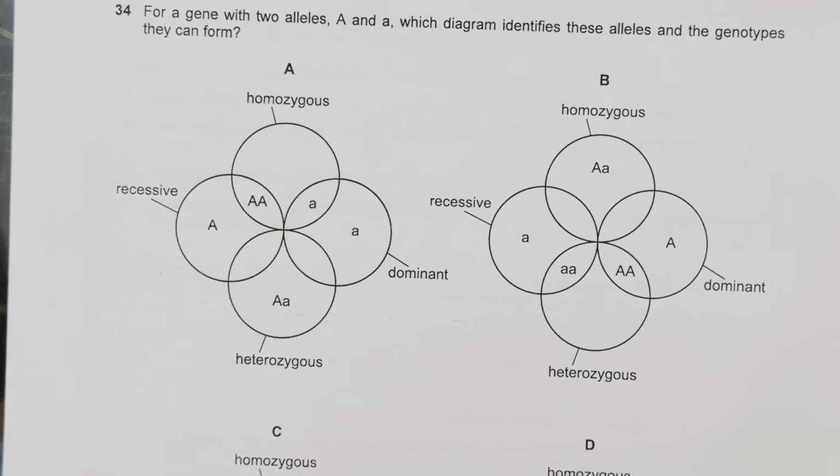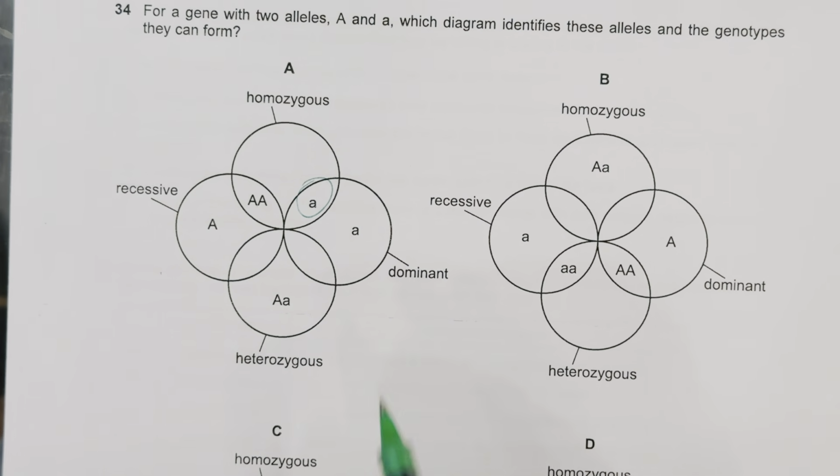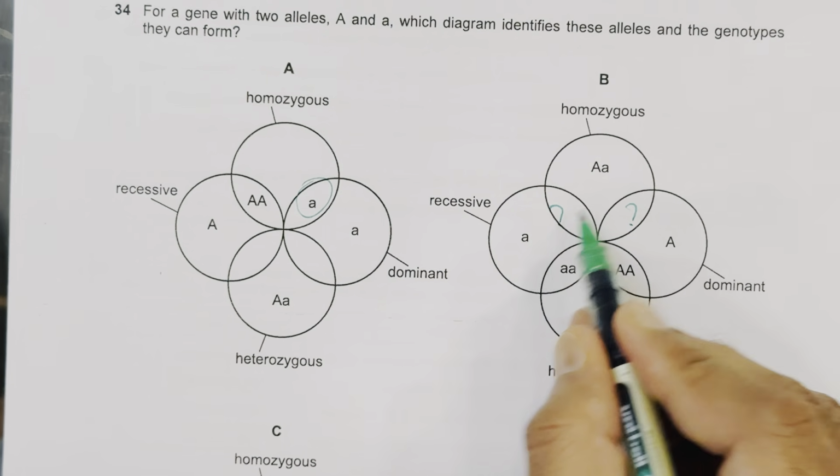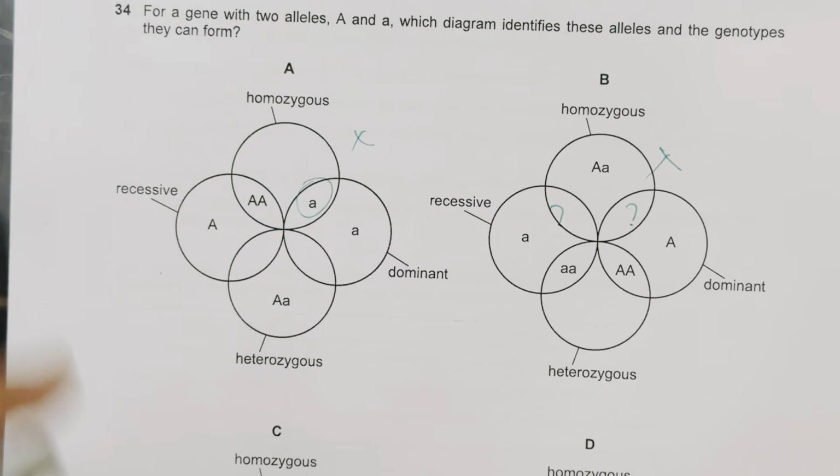34 is that for a gene with two alleles, A and a, which diagram identifies these alleles and the genotypes that can form? So A is the wrong answer. Why? Because this is not carrying that option. This is not carrying here, so this is again the wrong answer.